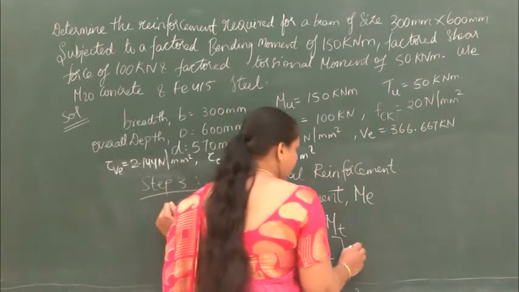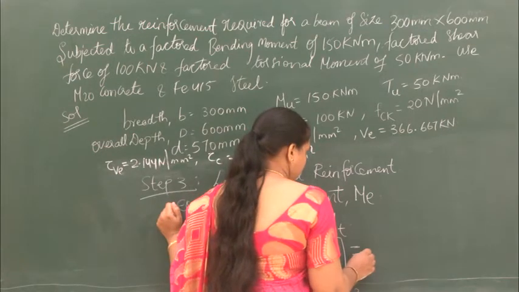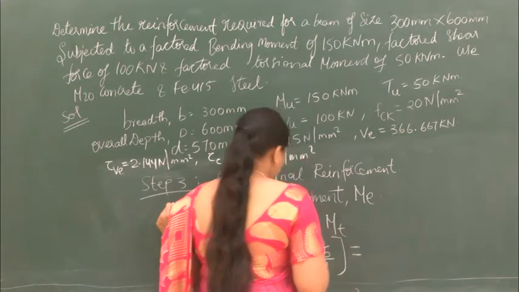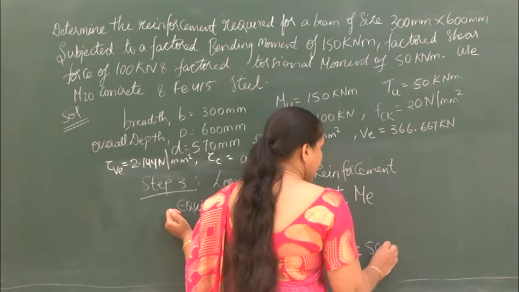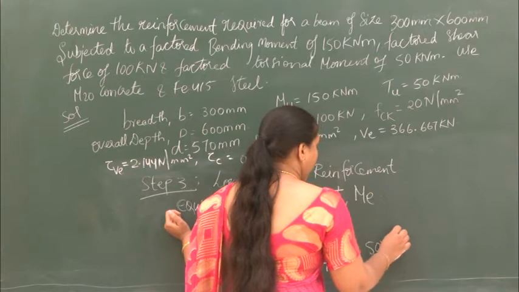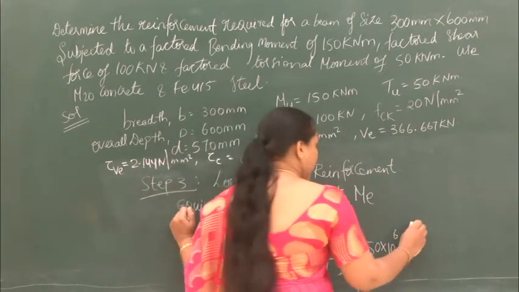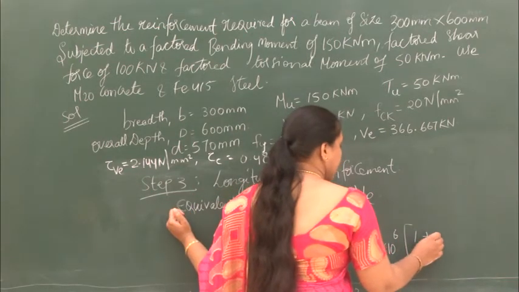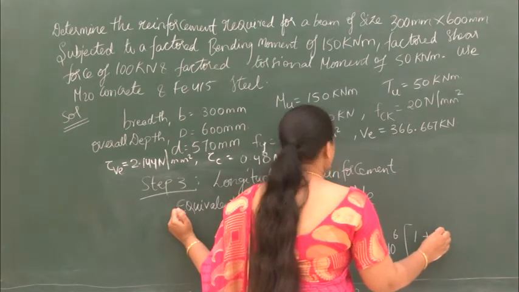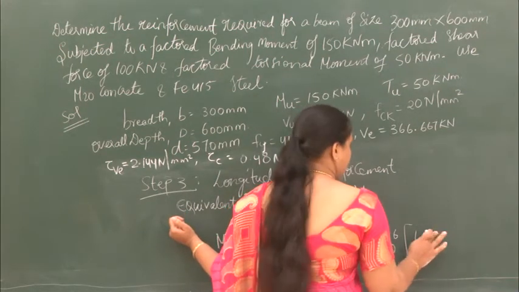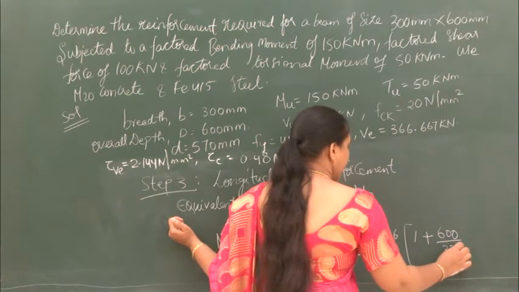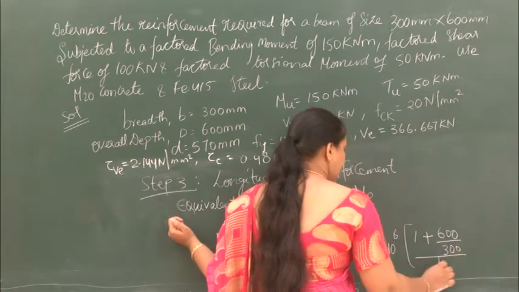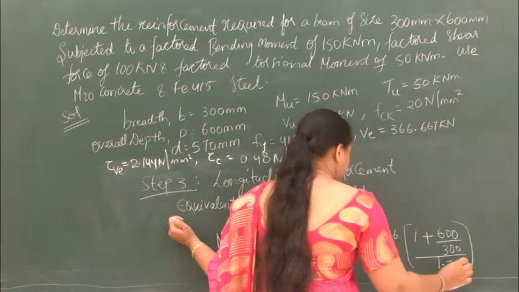TU, how much is TU? It is 50 kilonewton meter. So that is 50 into 10 to the power of 6 into 1 plus D by B. What is D here? D is 600 mm, divided by B, which is 300 mm, divided by 1.7.